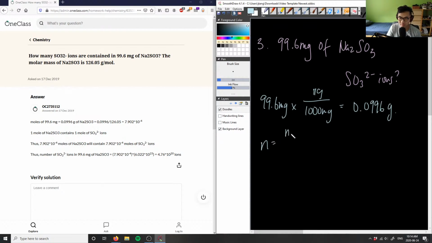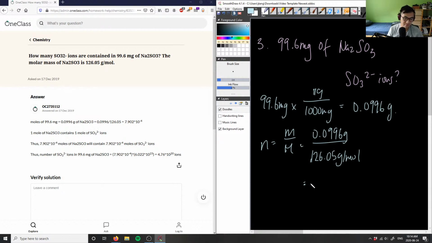Moles is mass over molar mass, which is simply 0.0996 grams divided by, and the question is nice because they give us a molar mass, 126.05 grams per mole. This will give us the moles of our sodium sulfite here. So this is 0.0996 divided by 126.05.